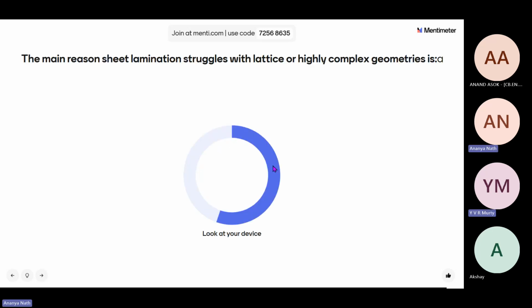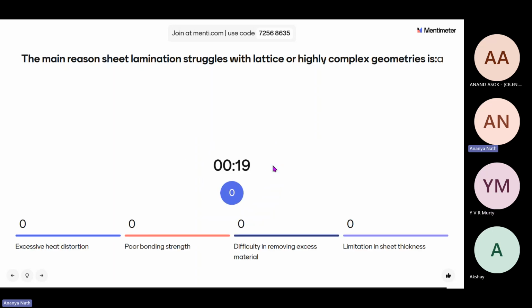The main reason sheet lamination struggles with lattice or highly complex geometry: difficulty in removing excess material. Just try to remember, we had already one answer in the last questions.